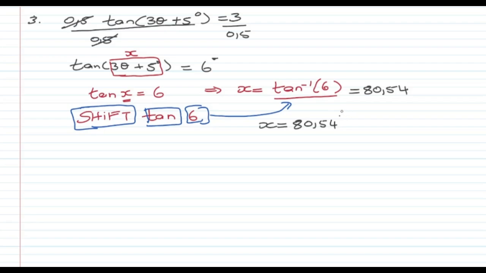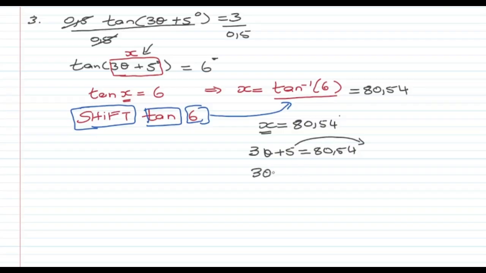The next step is to take this x. We know that x is what we have inside the bracket. So this will be 3 theta plus 5, equated to 80.54. Now solve for theta. The 5 goes to the other side to be negative.